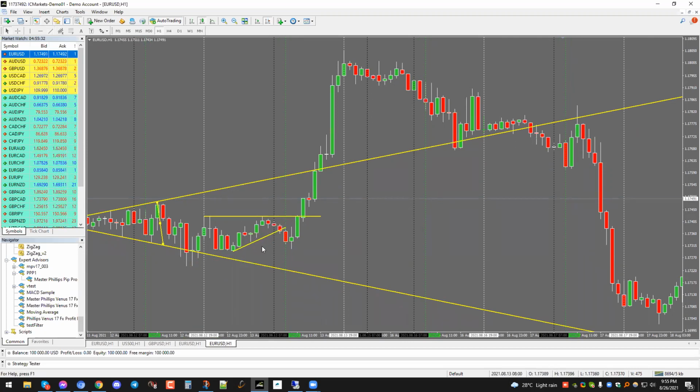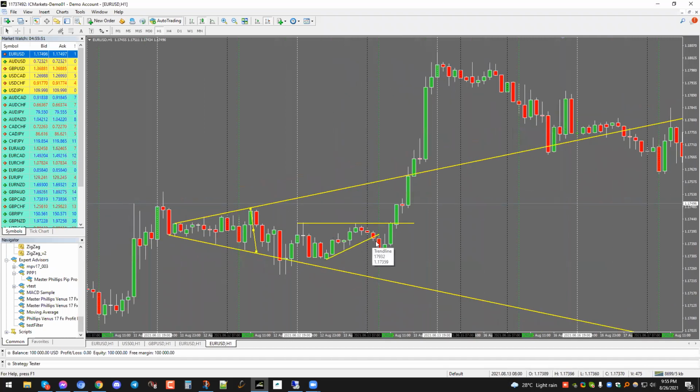Let me see here, 1 second, good. So in this case, it's going to look something like this, right? So you have your highs connected, you have your lows connected, and it's going to look like this. So here you have, this would be a bullish formation.